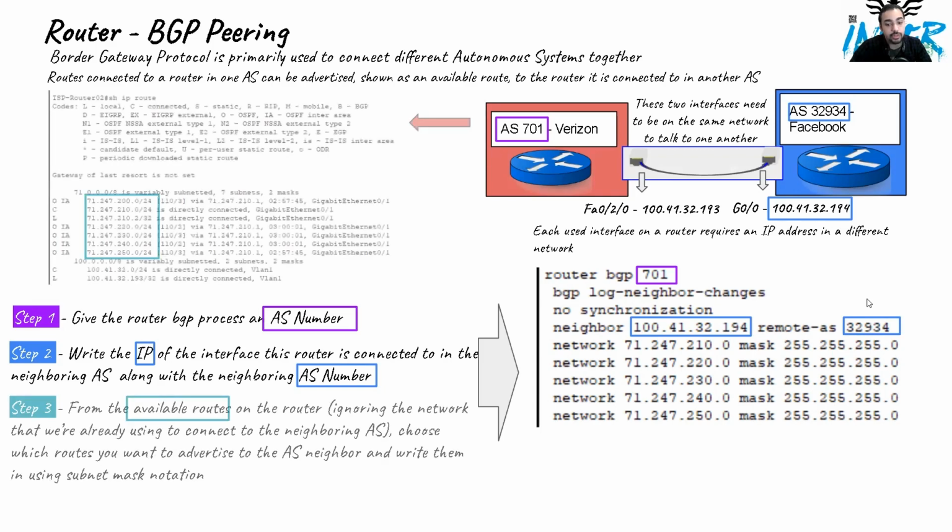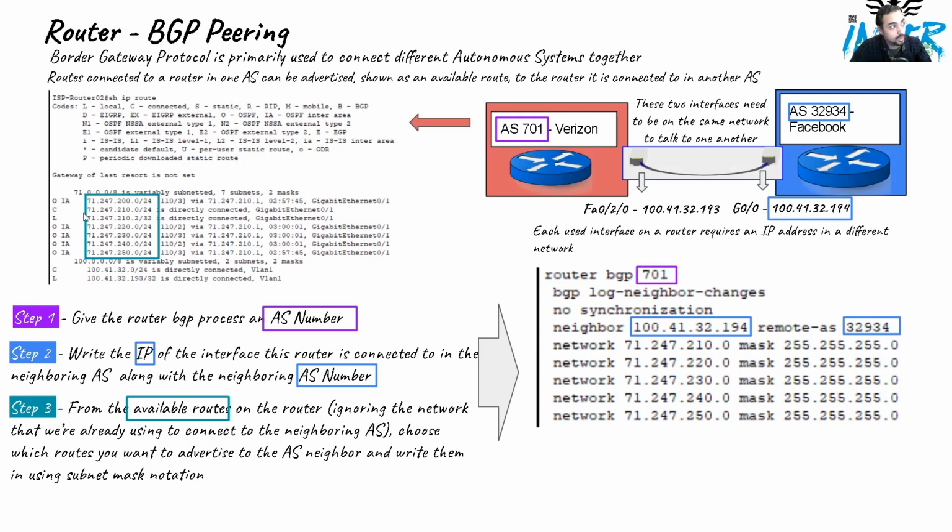Then in step 3, we're going to use the available routes on our router that are not already connected to our neighboring router and choose the ones we want to advertise to our neighboring router in the autonomous system. So notice here, these IP routes, this is already connected to our neighboring router. That's this network here, which is why we're not going to be advertising those.